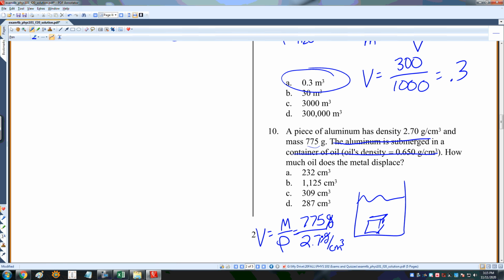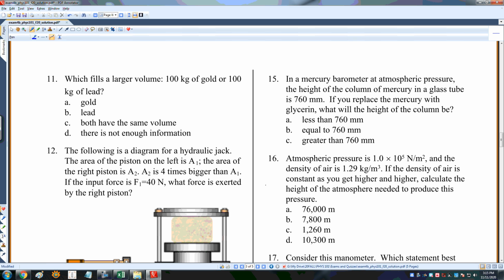Just double check my units there. They cancel out, so that's right. So I have 775, 287.